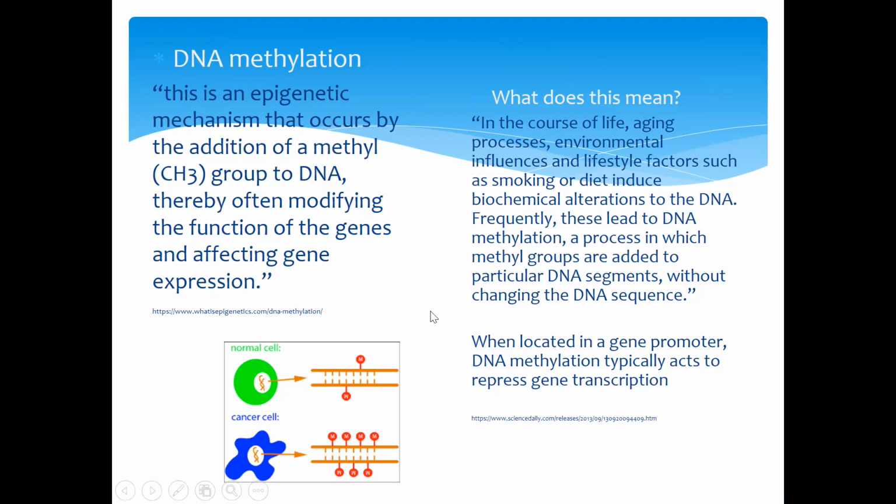I could spend an entire semester talking to you about genetics and how it all works. And I have to trap it down into something manageable and easy for you to understand. So DNA methylation, the methyl is a group on our DNA. We keep it all nice and tightly packed. We get a normal cell.